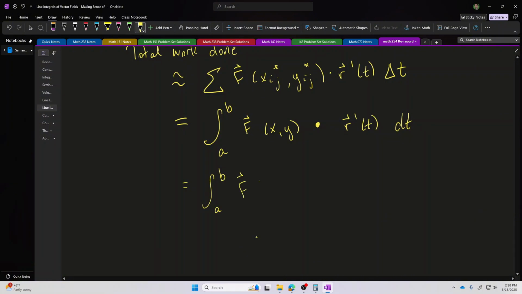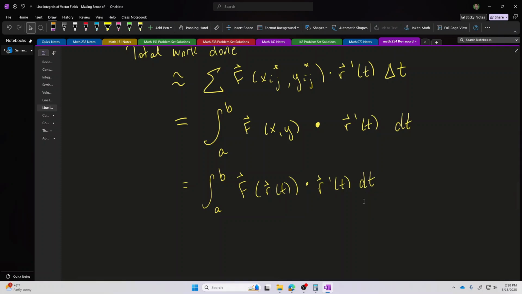And so what I'm going to do is use the parametrization to replace the x and the y in the force field and express those in terms of t instead. Instead of x, replace all of your x's with the x coordinate of the parametrization, and instead of y, replace all the y's with the y coordinate of the parametrization. Make that substitution so that everything is in terms of a consistent variable, just t.